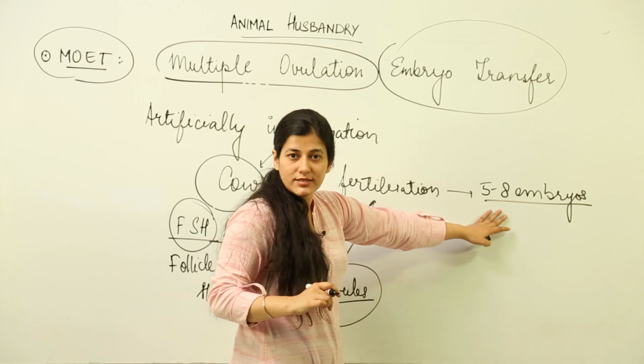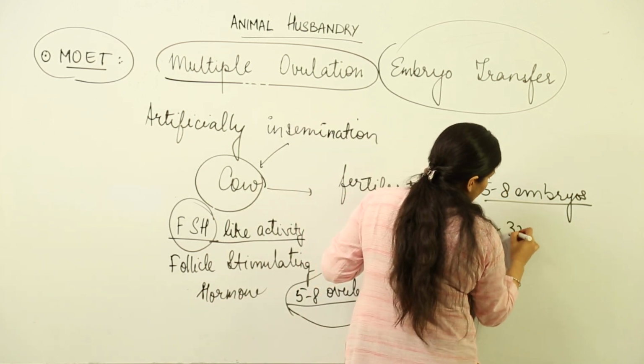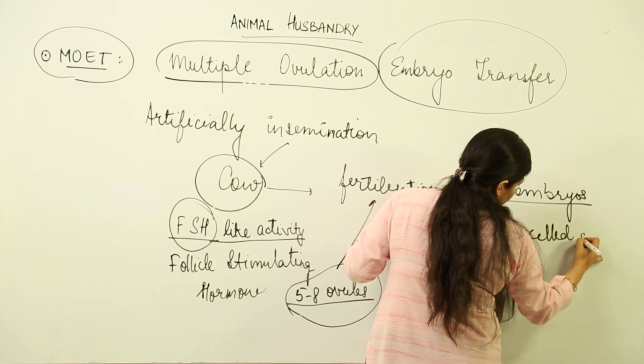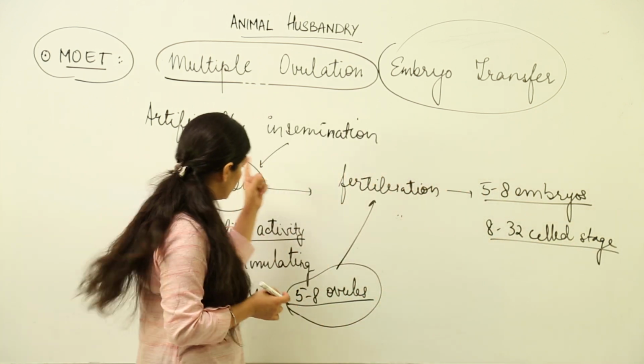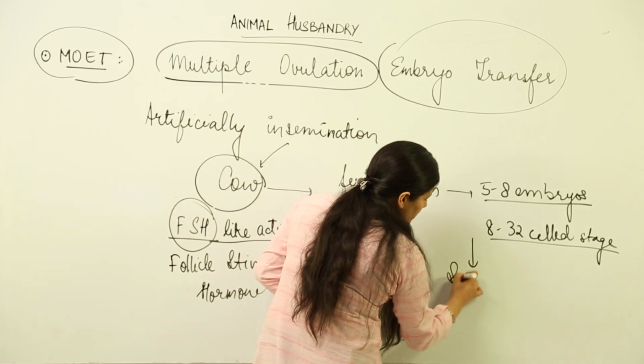When the embryos formed inside the cow reach the 8 to 32 cell stage, or I am referring to the morula stage, they are to be extracted from this cow and implanted in the surrogate cow.